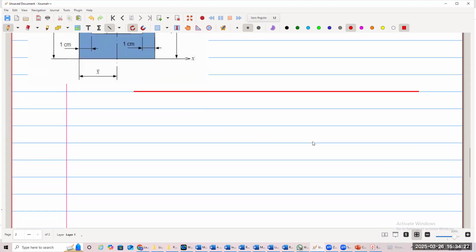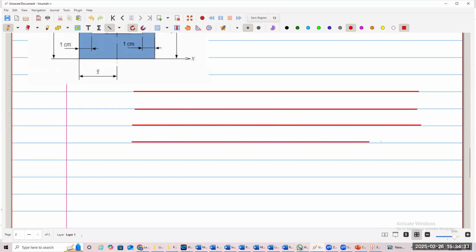We want at least five rows, and some columns too.